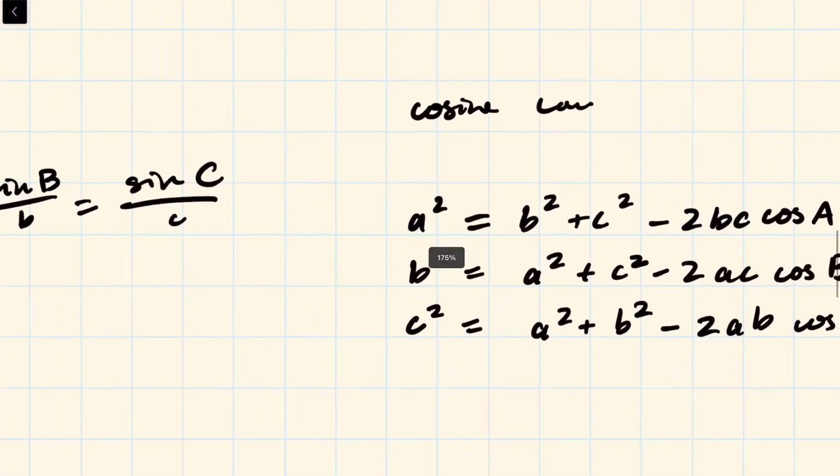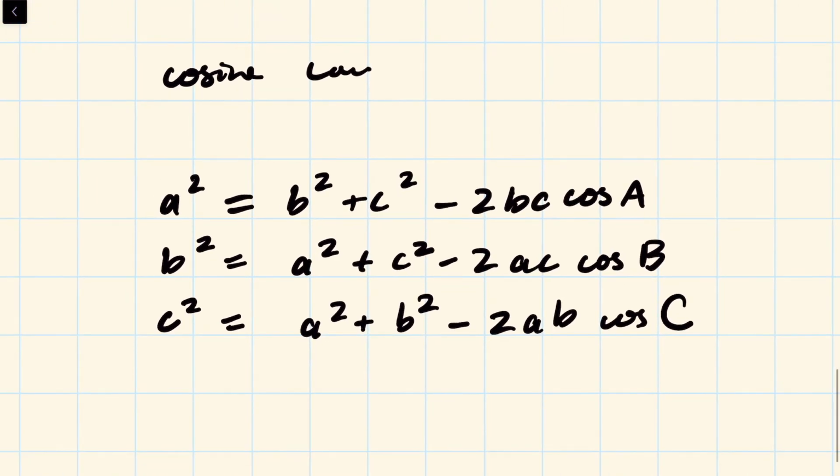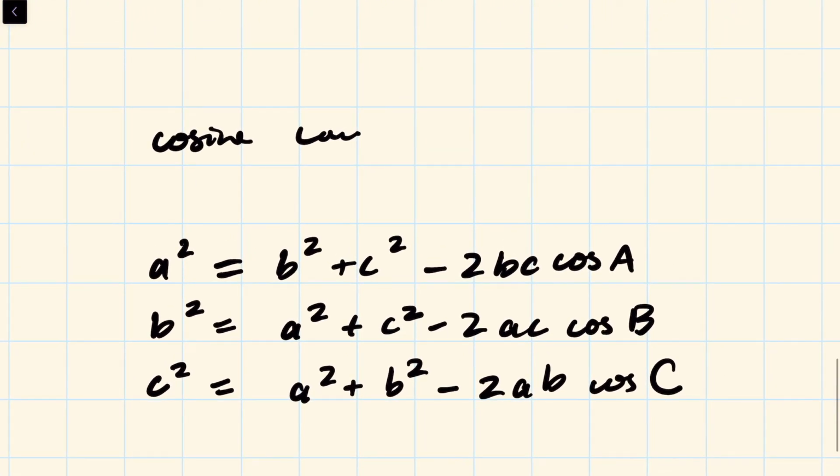Just remember the square of one side is equal to the sum of squares of the other two sides minus 2 times the other two sides multiplied together times the cosine of the angle opposite the side you're trying to find. So this one correlates to that.